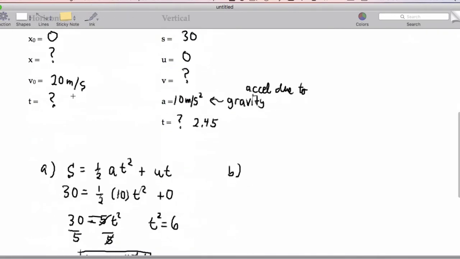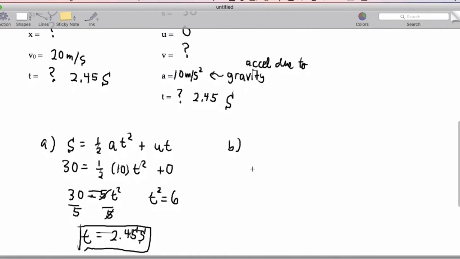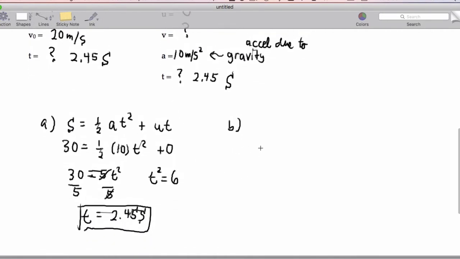So what that means is that there's no need to double anything. We're not going up and then down like in question number 8, which you've done a version of. We're just going straight to the ground.